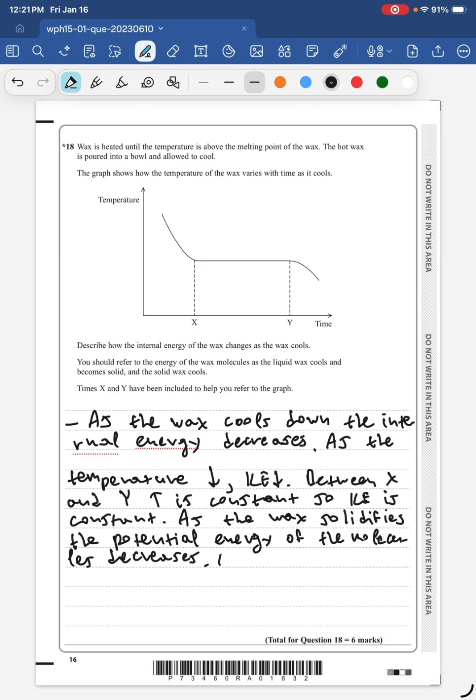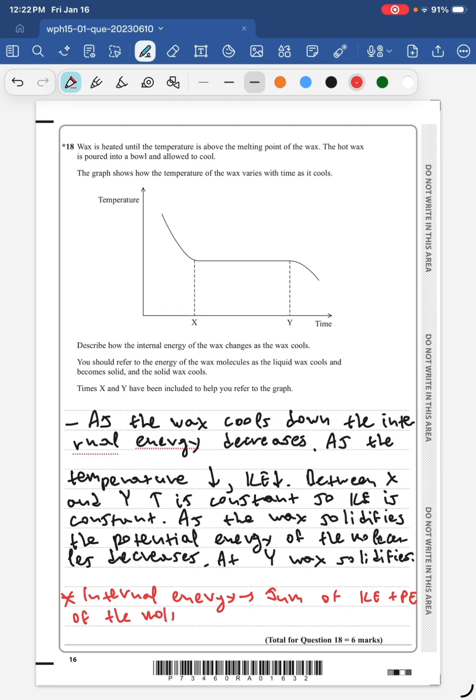And at y, the wax solidifies. And I'm going to write here that the internal energy is the sum of the kinetic energy plus potential energy of the molecules. And that's the answer. Okay, that's my answer.